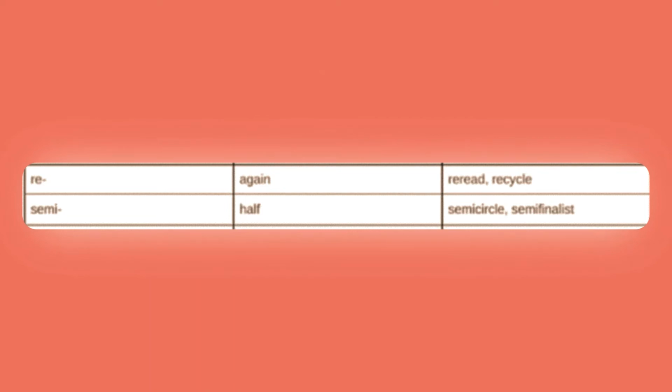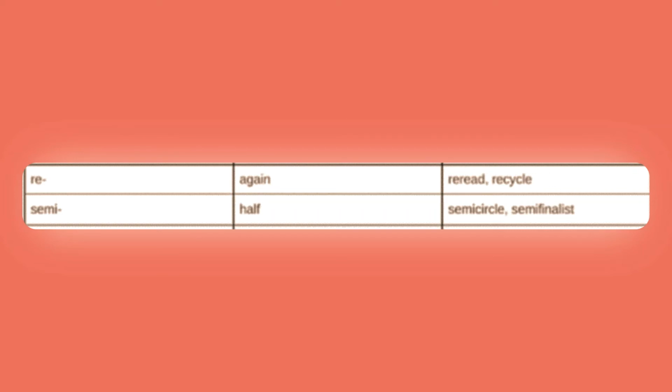And what about these prefixes? So re, it means do it again. Reread, recycle. Yes, you use something and then you use it again, or you recycle it. And semi, this prefix means half. So you use this in maths when you talk about a semicircle.